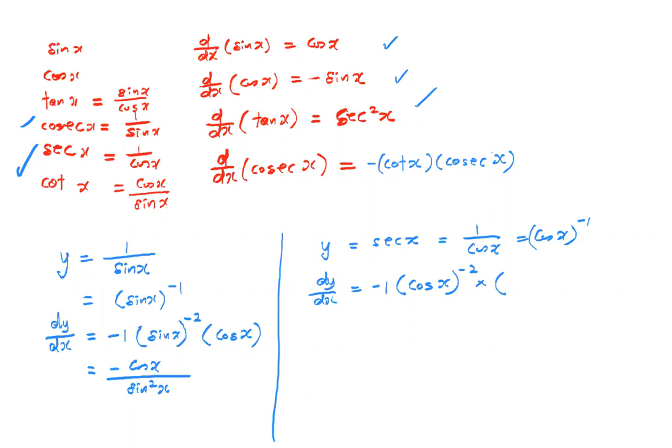Is it negative sin x? Thank you. So this one becomes negative times negative, you got positive, so it will be tangent x times sec x. Right? So that is how you do for trigo.